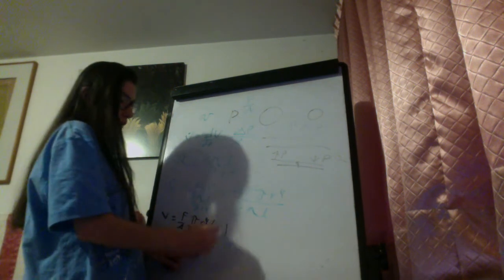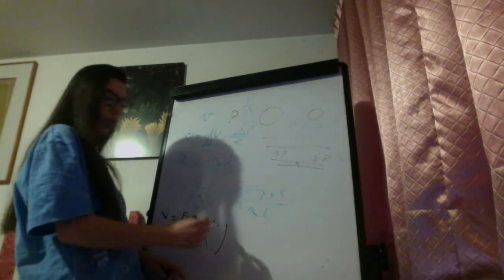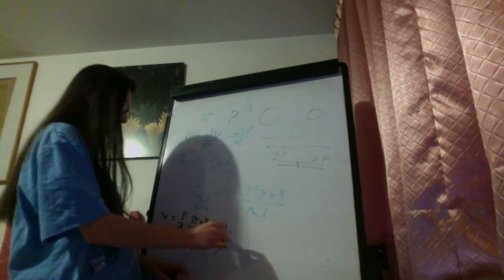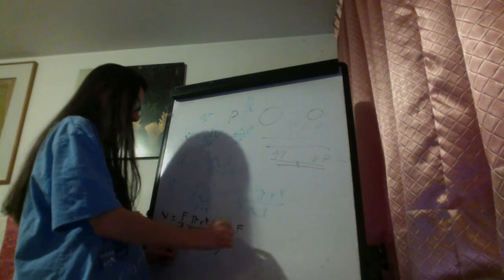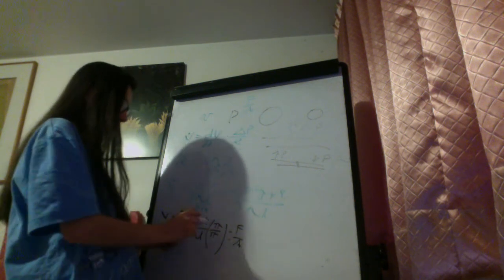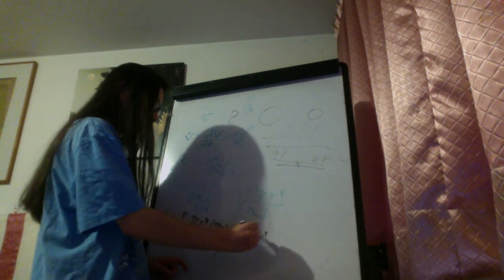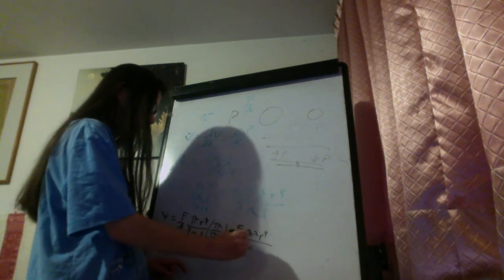We can multiply by a convenient one: we can multiply everything by pi. So now we have force divided by area times pi squared r to the fourth power divided by 8 viscosity length.